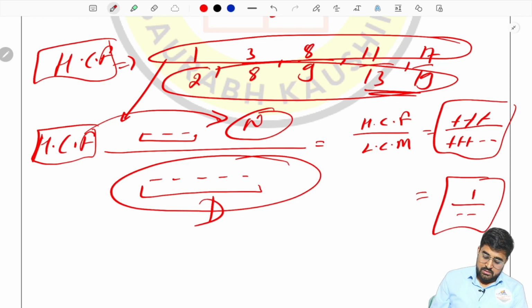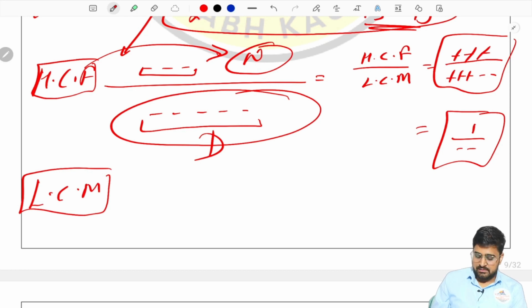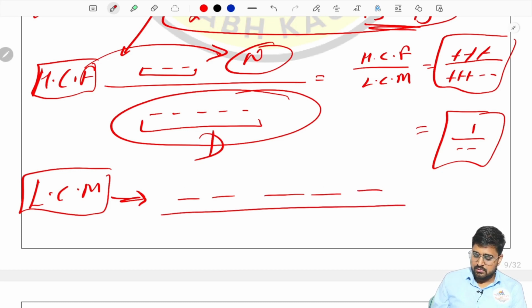Okay, now this same concept will not be applicable to the LCM. In general, LCM is bigger than the HCF. Now at the numerator, because we are taking the LCM, the numerator has the higher digits and the denominator has the lower digits.